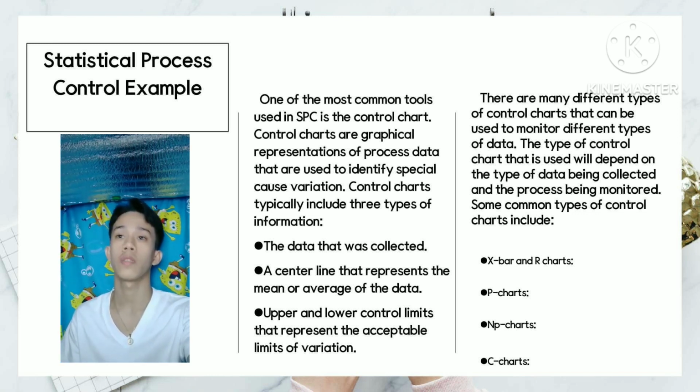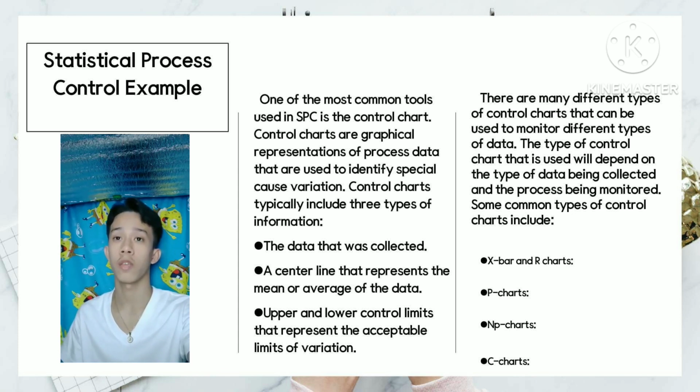This is where statistical process control comes in. SPC uses statistical methods to monitor process variation and identify when it is outside of acceptable limits. When this happens, corrective actions can be taken to bring the process back into control.